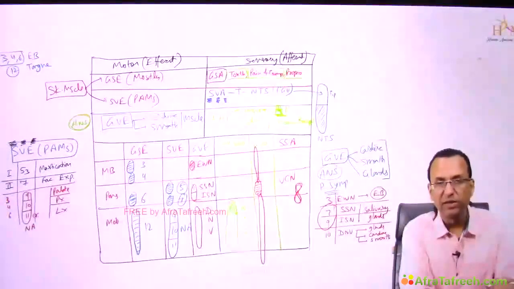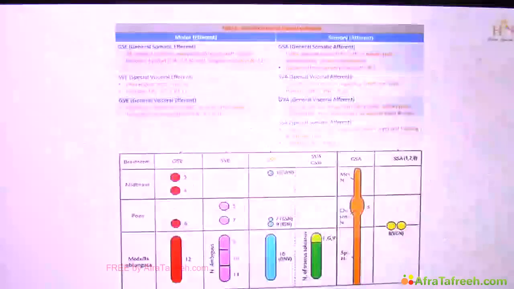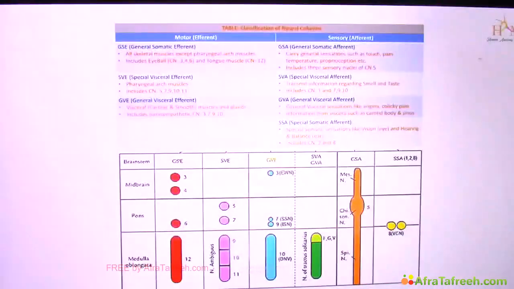Now, once you have all that information with you there, quickly revise it by practicing some MCQs. This is the diagram which we have drawn. As you have drawn these tables, you will see that under GSE we had the 12th nerve nucleus controlling the tongue muscle.